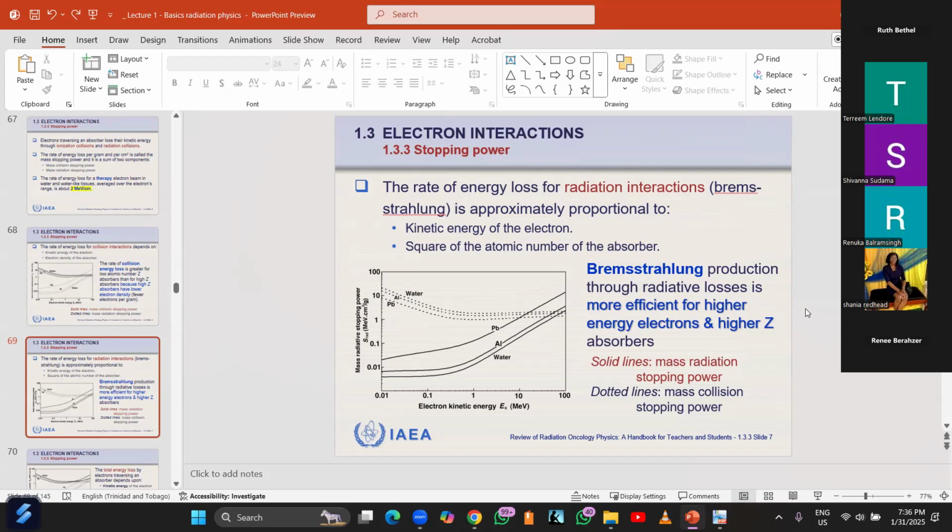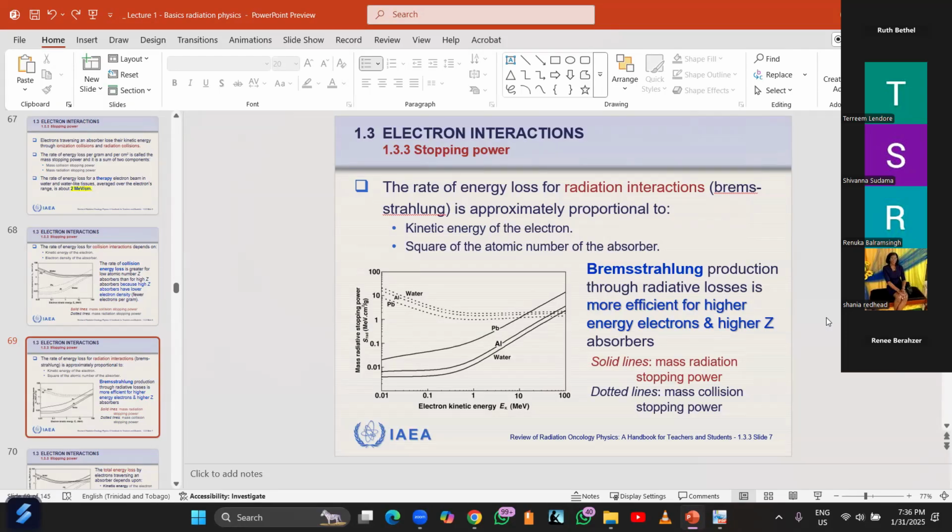So for the kilovoltage range, Bremsstrahlung is less pronounced. For the megavoltage range, Bremsstrahlung is more pronounced because it's directly dependent on the kinetic energy of the incident electron. You want a high Z target because Bremsstrahlung is proportional to the square of the target atomic number.